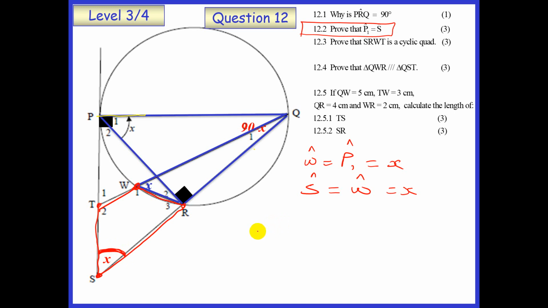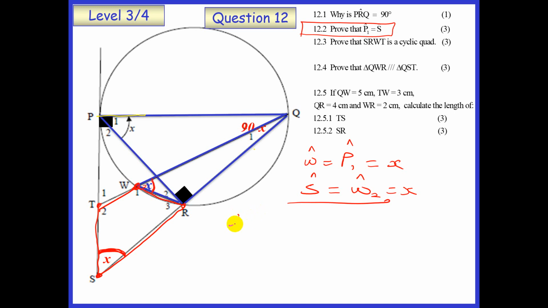And you'll notice now that angle W2, which has been proven to be X, is equal to S. That's what we're trying to do there. You could call it W2 and make sure you have a 2 here because I can't see the 2 there. And that is the converse of exterior angle of a triangle.